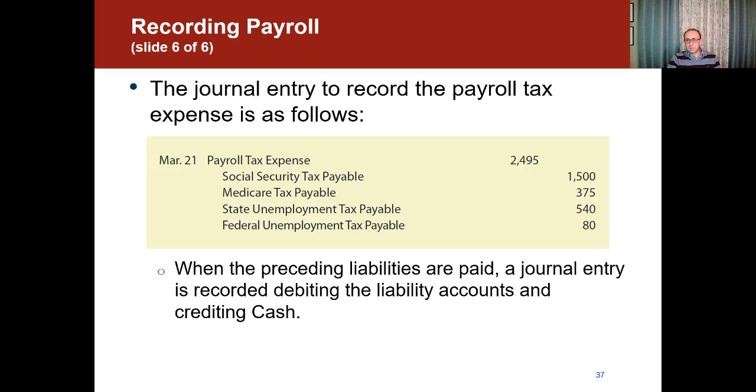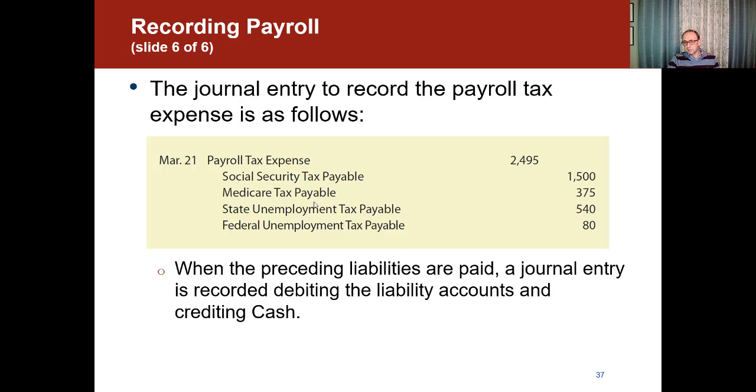So the journal entry for that would look as follows. We're going to debit payroll tax expense, which is the $2,495, and then we list all these payables, which is the Social Security tax payable, which is different from the Social Security tax payable that was deducted from the employees, but it matches the same amount. So at the very end, the amount that's going to be paid to Social Security would be $3,000 because $1,500 were deducted from the employees, and our share is another $1,500.